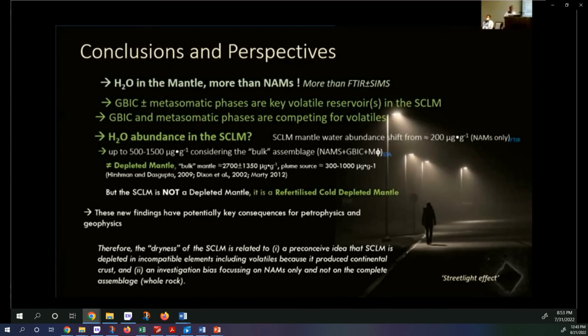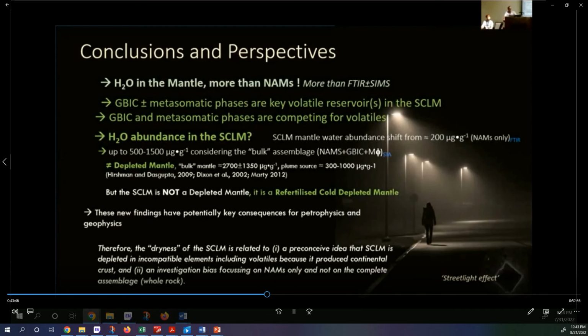But the subcontinental lithospheric mantle is not a depleted mantle. There are hundreds of studies which show that the subcontinental lithospheric mantle is a refertilized depleted mantle.